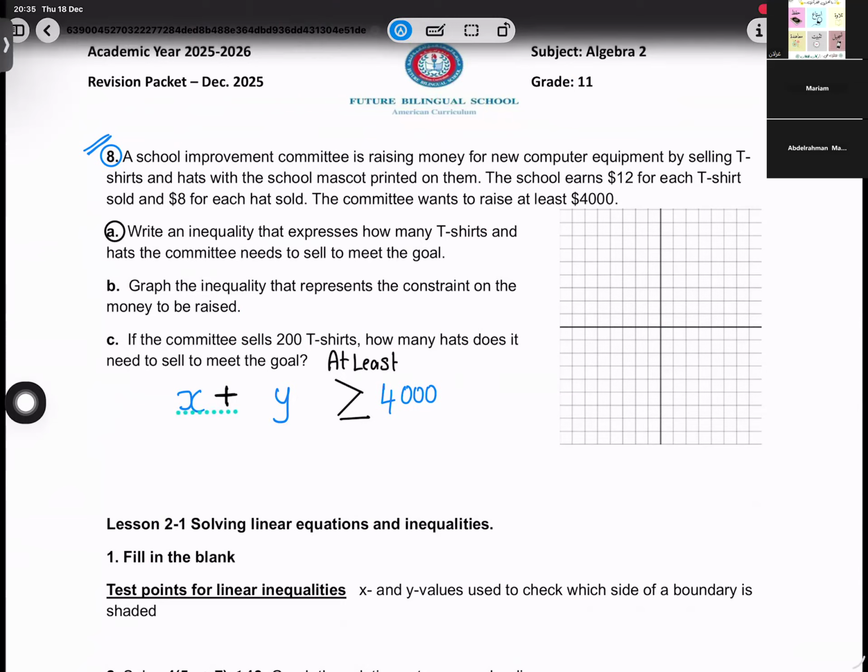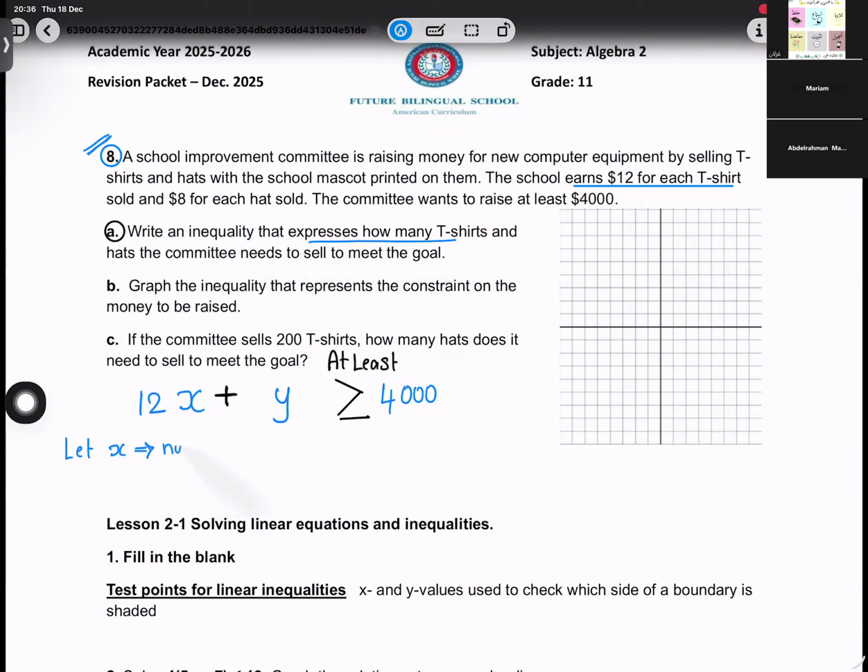They must earn or raise at least 4000. Now the school earns 12 for each t-shirt, so let x be the number of t-shirts.